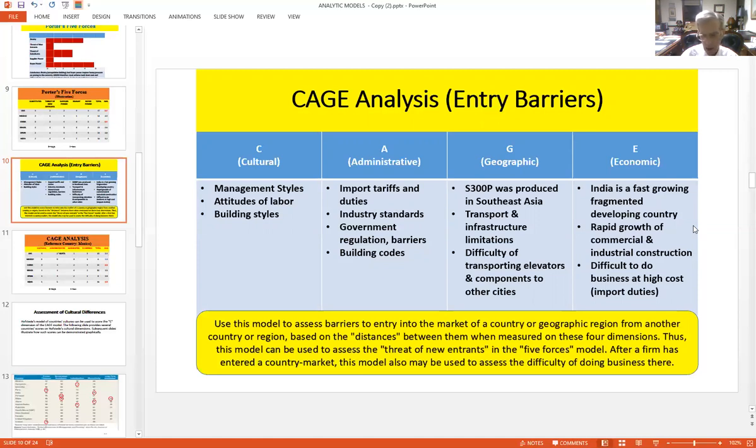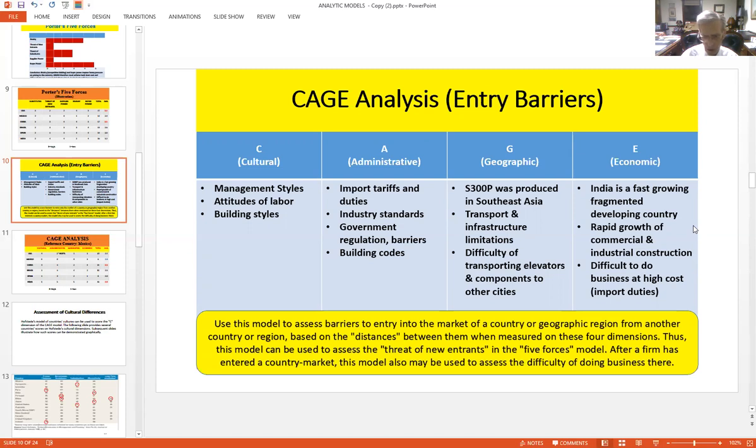So in his writings, and he has published many writings, he coined this term CAGE, which is an acronym for cultural, administrative, geographic, and economic.